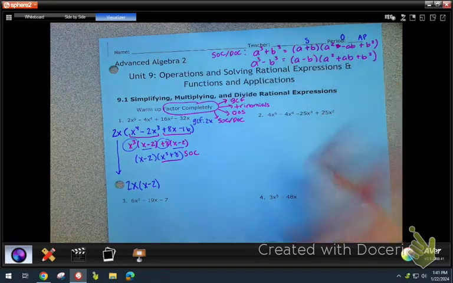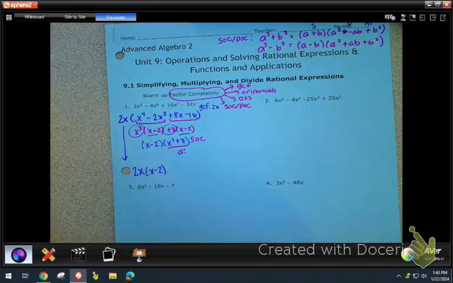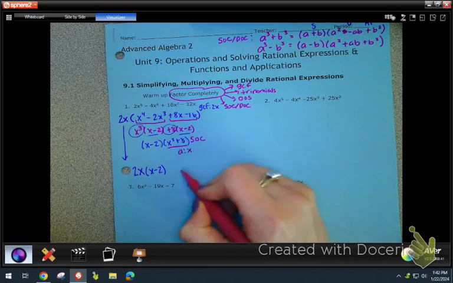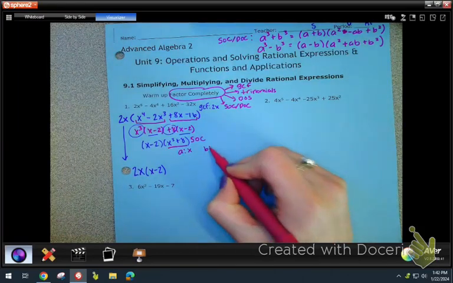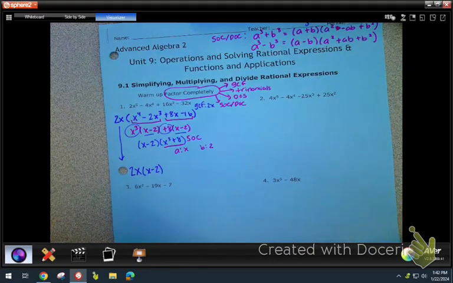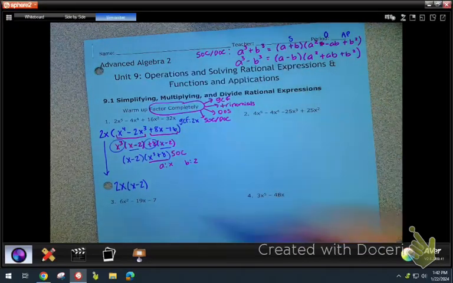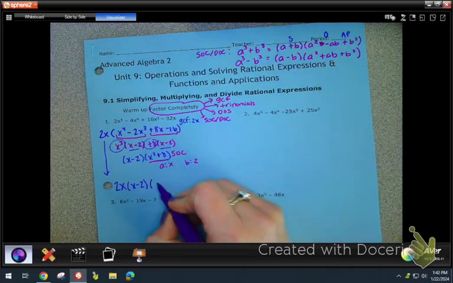All right? So what is A going to be? What is the cube root of x to the third? X. Okay? What is B going to be? What's the cube root of 8? 2. Okay, really, that's all I need to know. And now I'm just going to follow the pattern. I'm focused on the sum. My first factor is going to be A plus B. Well, there it is.